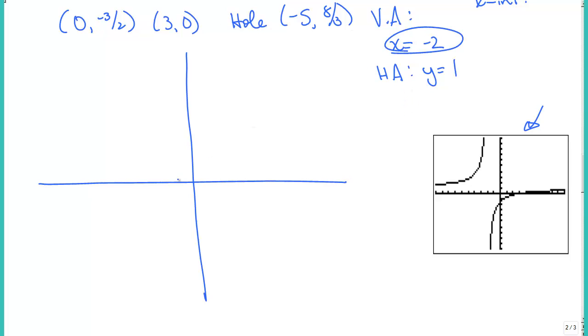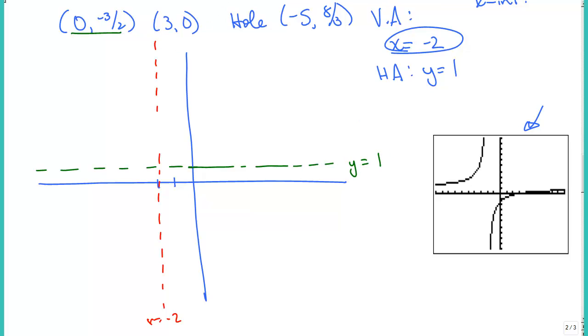So x is equal to -2. y is equal to 1. I have the point (0, -1.5), and the point (3, 0). And I have a hole at -5 and a little more than 2. So that's the information I have from the algebra.